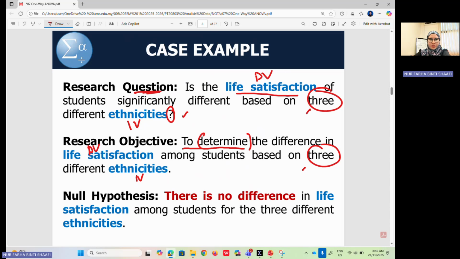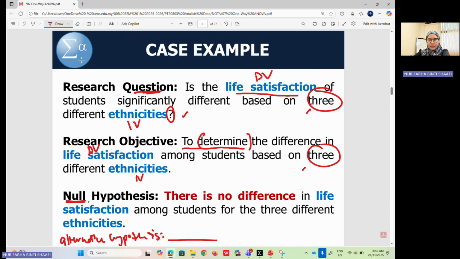From the research question and research objective, you have the hypothesis. Here I just did the null hypothesis. Actually you have a null hypothesis and an alternative hypothesis. I leave it up to you how to write the alternative hypothesis.